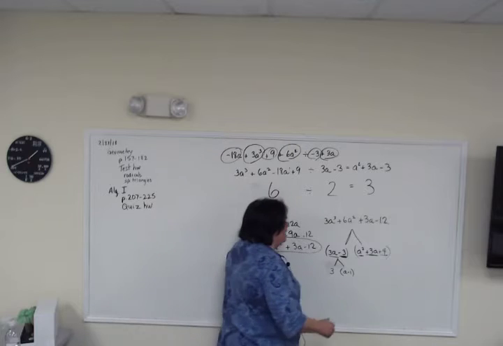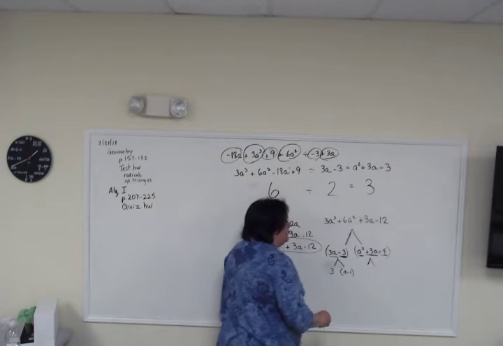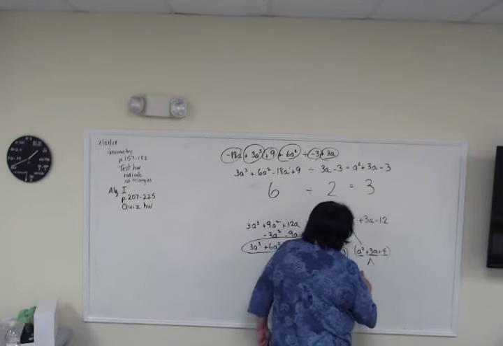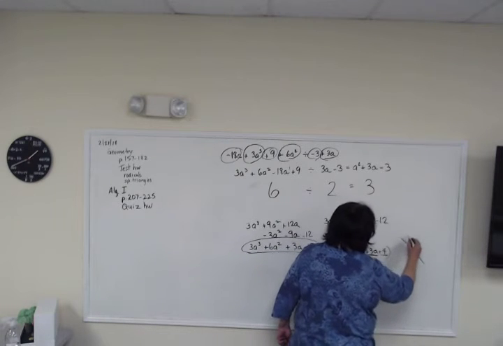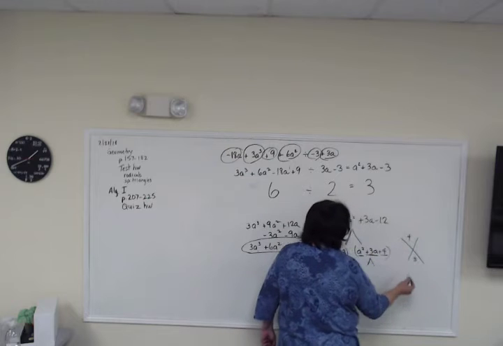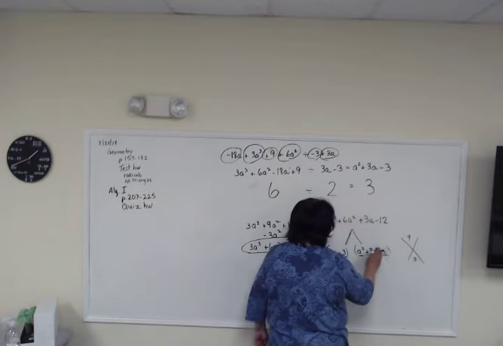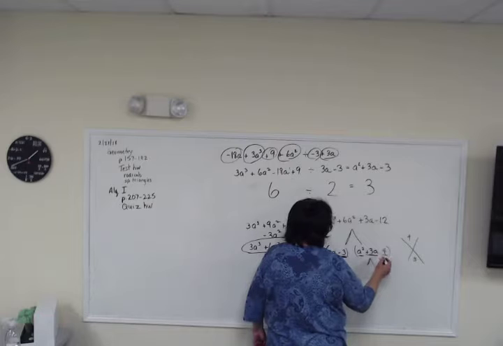Right? Now, how can we break this down? We can factor it, right? Okay, so here's our diamond method. We have 4 here and 3 here. I calculated it backwards.